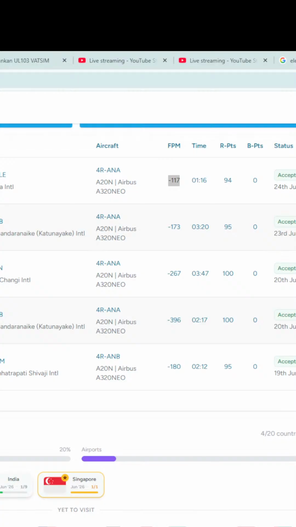But in a crosswind situation, that means if the wind is gusting, then you shouldn't land it this way. At least you should maintain 200 fpm. So I think I did a very successful landing today, and I'm really happy about it.